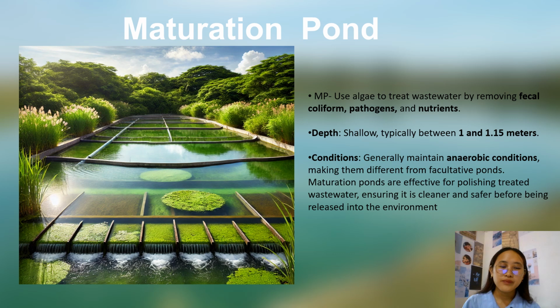Okay, so maturation ponds are maintained in aerobic conditions, and they are commonly used in tropical and subtropical regions due to their reliance on sunlight for pathogen reduction and algal growth. This picture depicts a maturation pond.